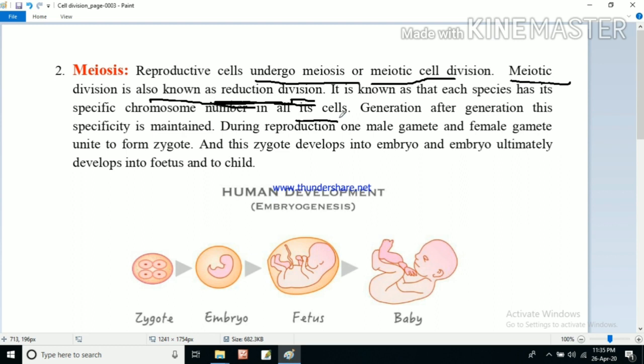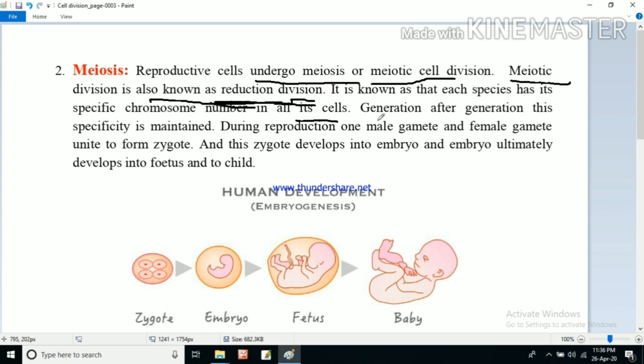Whether me or you or any human being, all the cells of human beings contain 46 chromosomes. Similarly, all individuals of the tiger species will have the same number of chromosomes. So that is specific for each species.